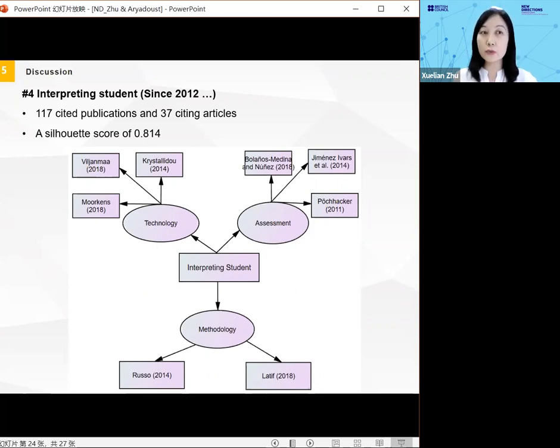Actually, in this lane, besides assessing students, the scholars also suggest we should provide continuous assessment for field interpreters and translators to guarantee the quality in the work.